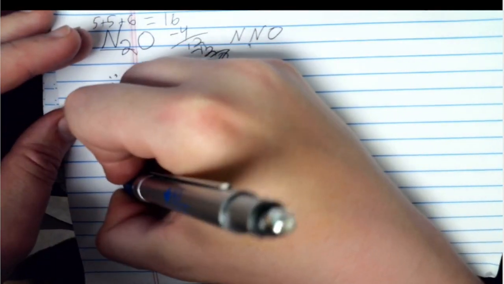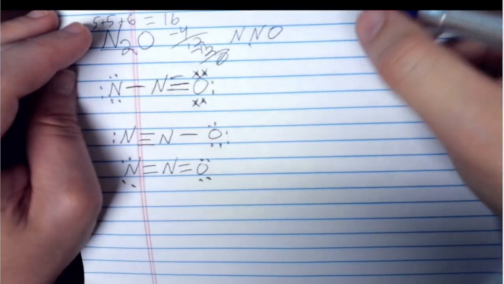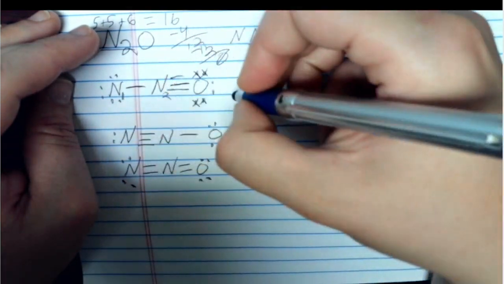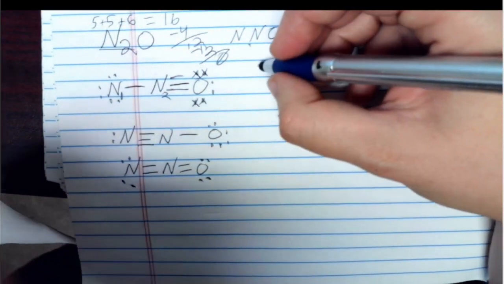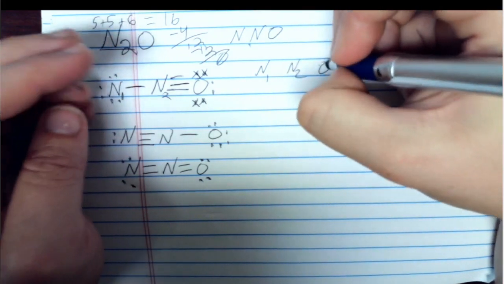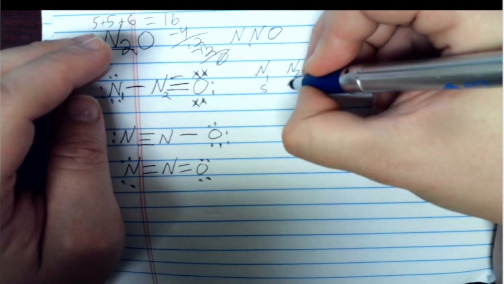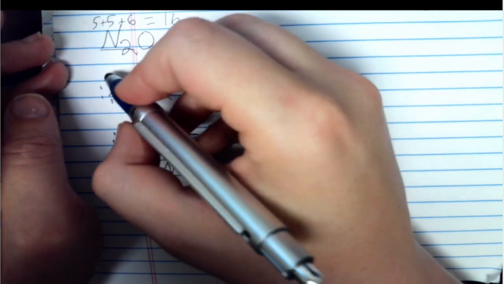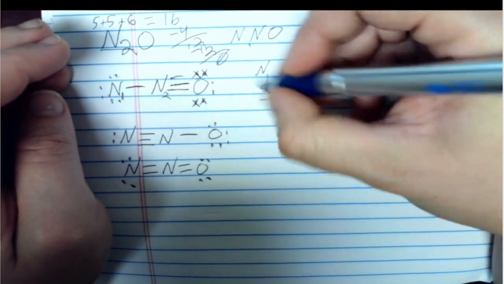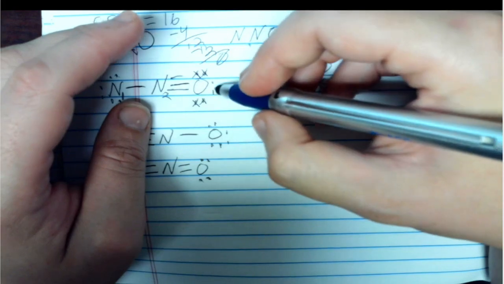Okay, let's look at these pairs. How does this structure differ from the thiocyanate? So N1, N2, 5, 5, 6. We have 1, 2, 3, 4, 5, 6, 7. 1, 2, 3, 4, 5.